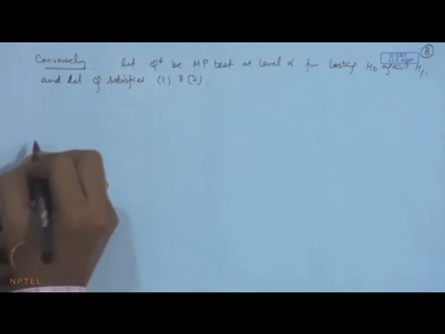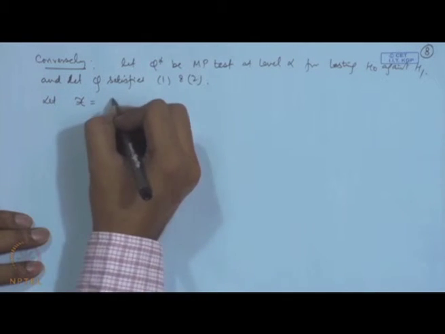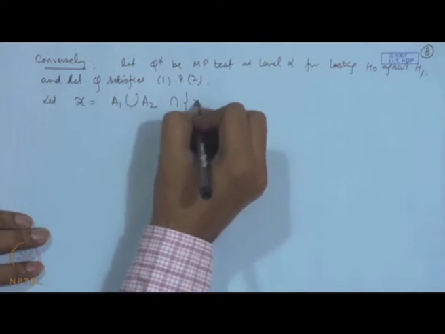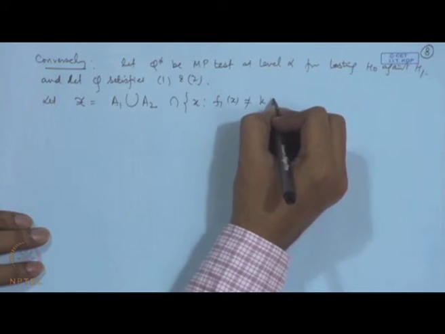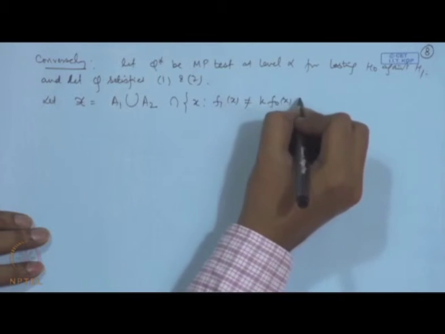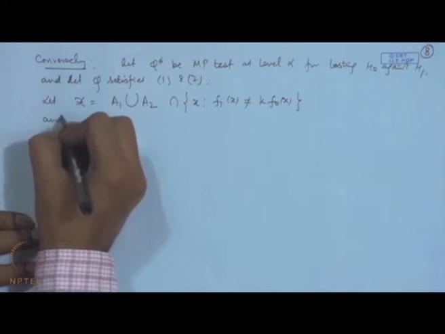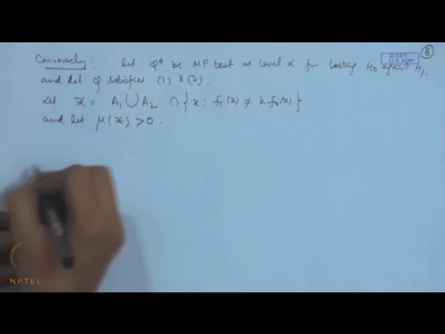Let us consider, say, x as the A1 union A2 intersection with the set of those values where f1 is different from k times f naught, and also assume that the measure of this is positive.